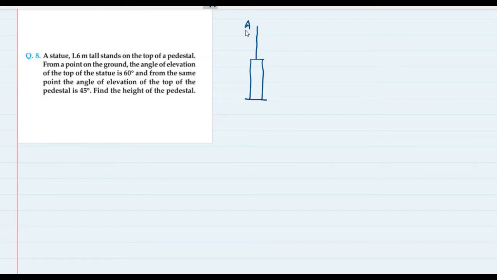So statue is AB, pedestal is BC, and this angle is 90 degrees. This point is C. I haven't read the whole question, but I can figure out what to do ahead.